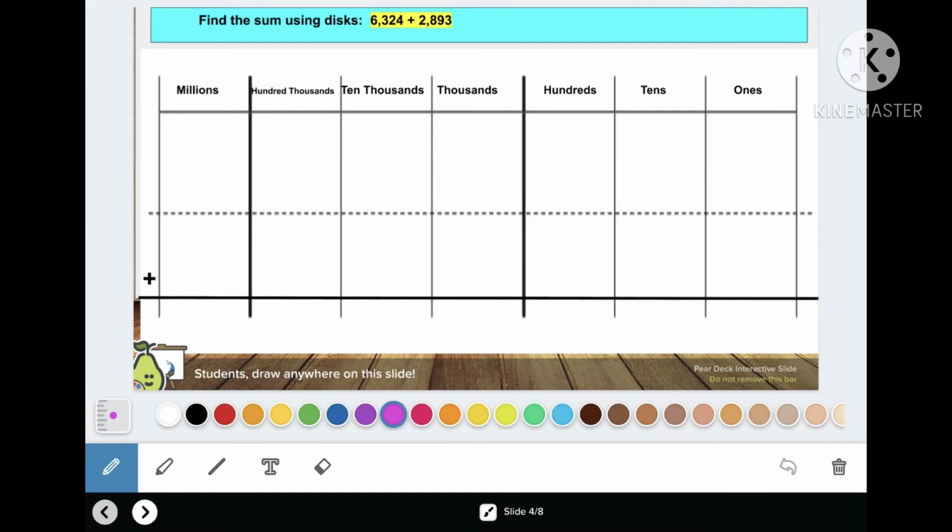In this problem, we're still finding the sum. 6,324 and 2,893. So same as before, I need to put my first number on my place value chart. Do you remember where I'm going to start drawing my discs? What place value am I going to start drawing my discs?